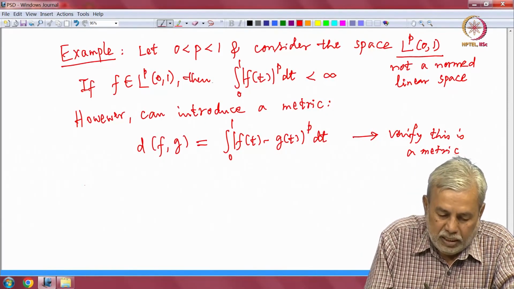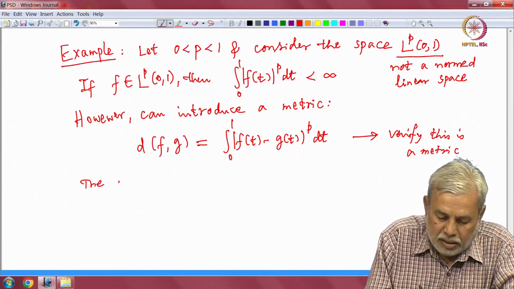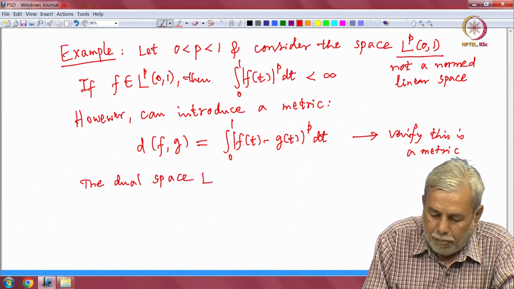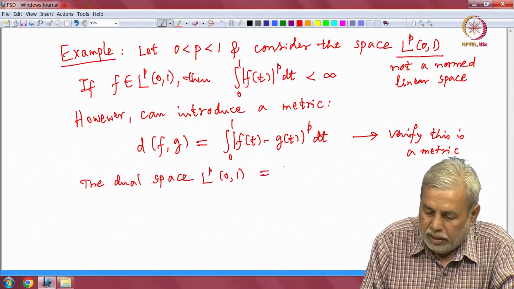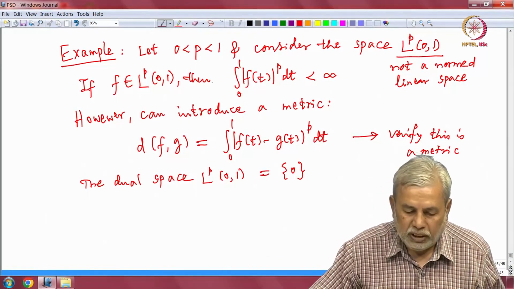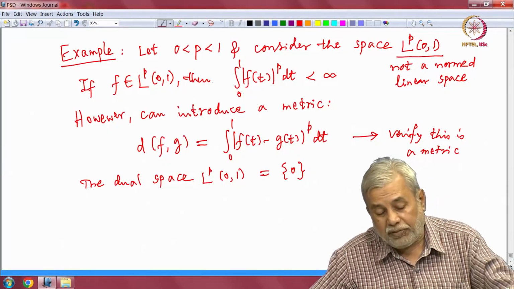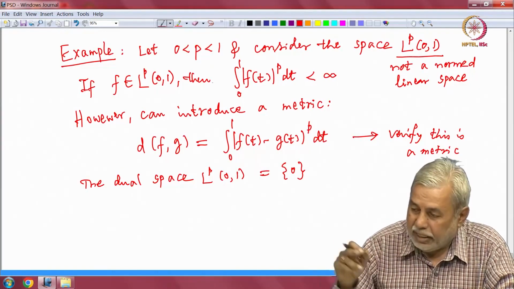So the dual space of LP(0,1) is just 0. Any continuous linear functional on LP(0,1), for this range, is just 0.